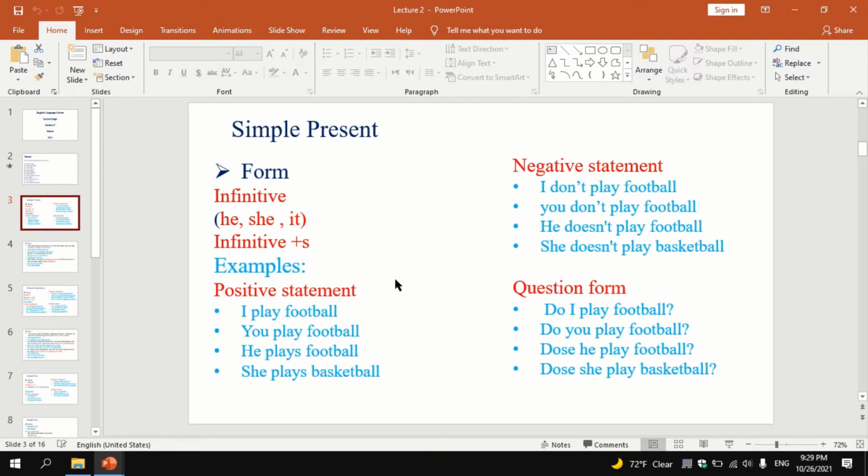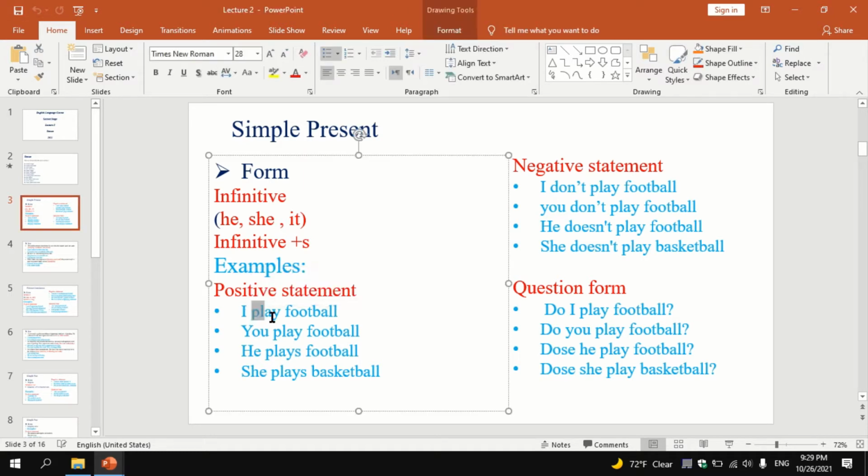For example, positive statement, I play football. Here, play is the verb with the tense present.